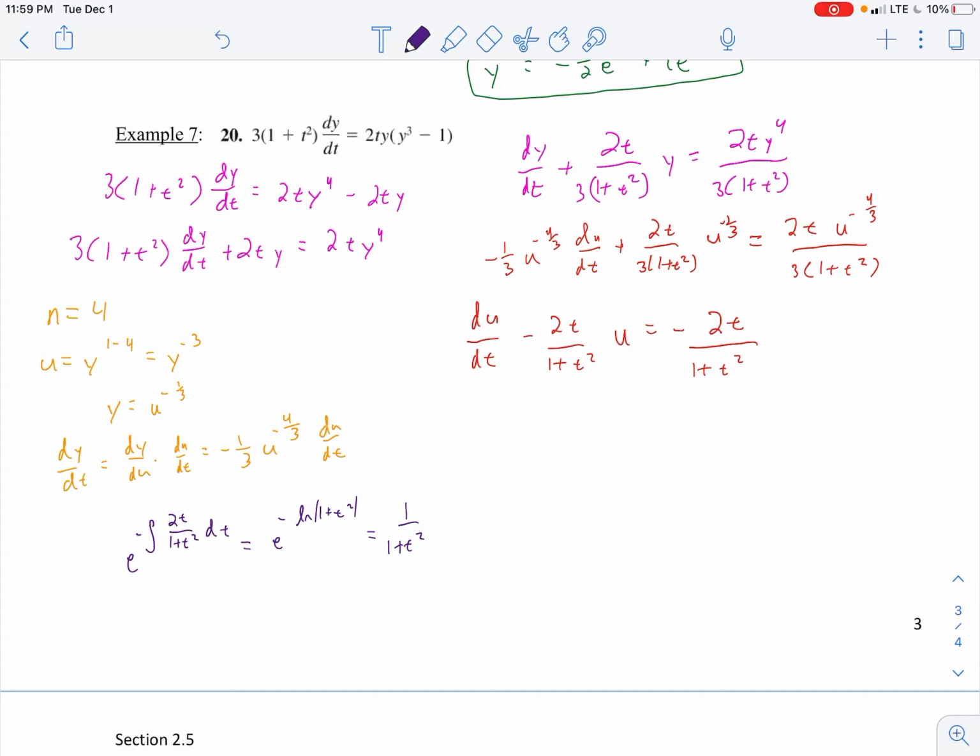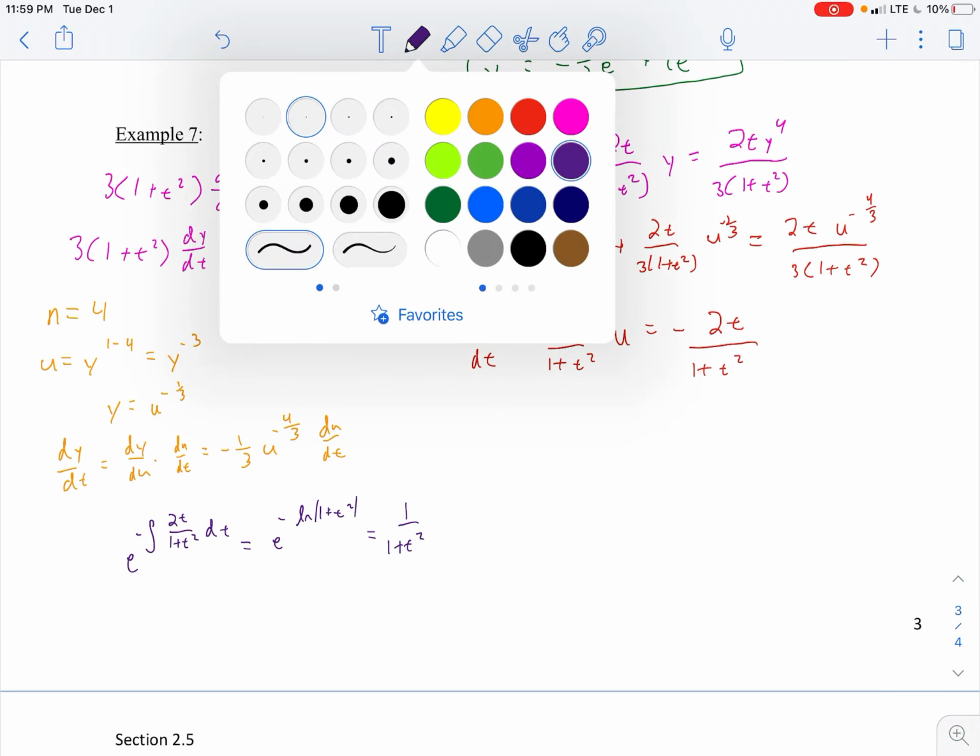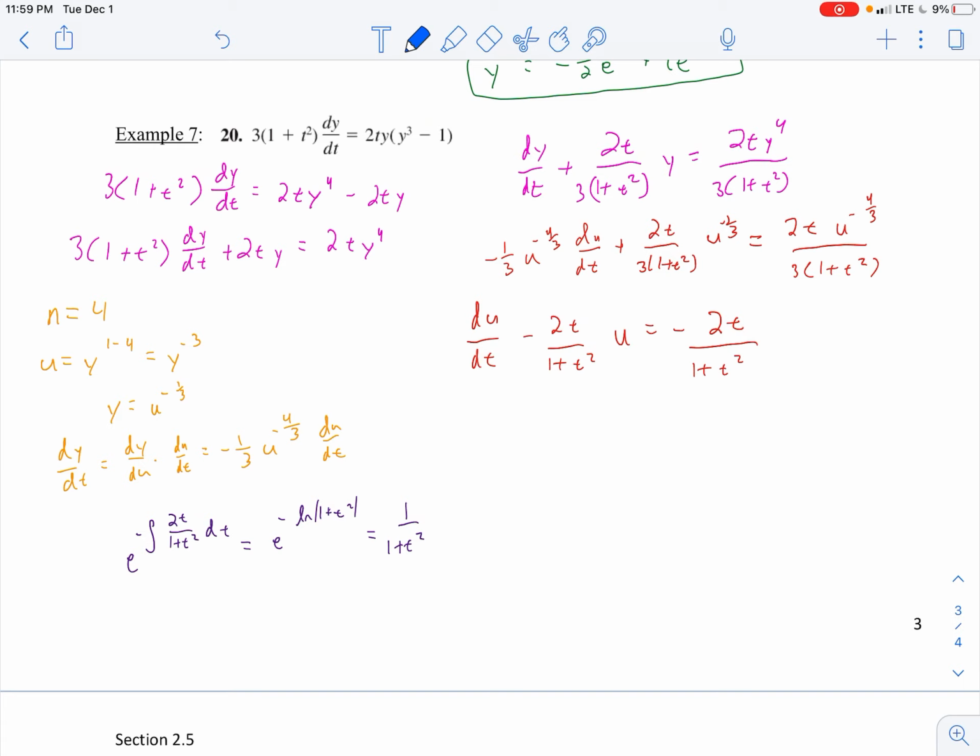So I multiply this to the left and to the right. So there's my integrating factor. And so then I have, on the left-hand side, 1 over 1 plus t squared times u. And on the right-hand side, negative 2t times 1 plus t squared times 1 over 1 plus t squared.